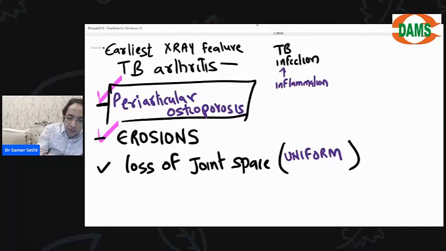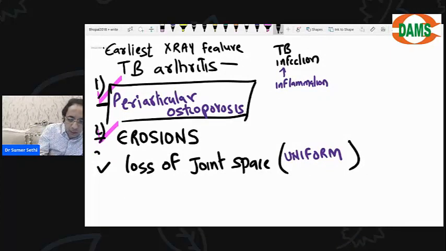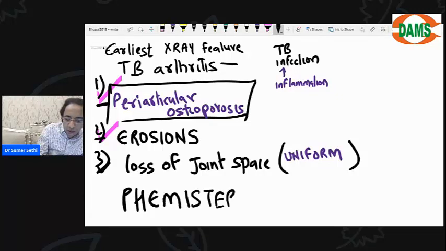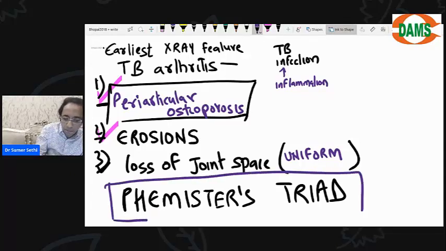These three things in TB were described by a man called Phemister. To give him respect, in tuberculosis we call it Phemister's triad. And you might have seen this question in 2019 in NEET PG exam as well.